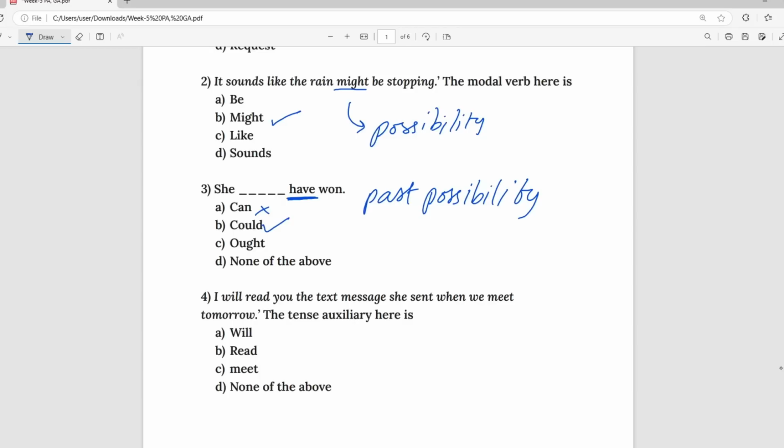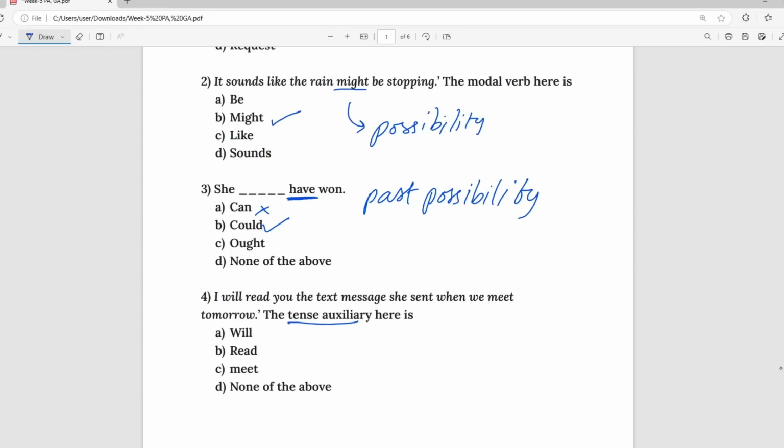And the fourth question, I will read you the text message she sent when we meet tomorrow. They're asking the tense auxiliary here. And don't get panicked seeing the new word tense auxiliary. It means helping verb which helps form different tenses. They're asking what is that helping verb or tense auxiliary in this sentence.